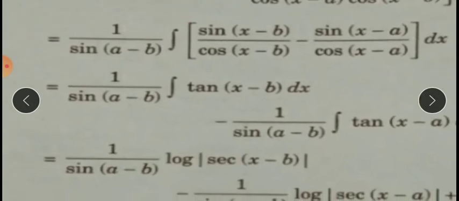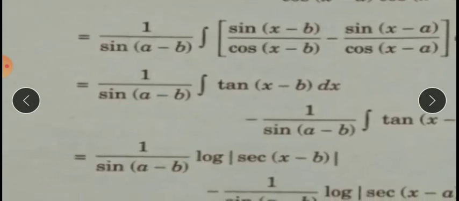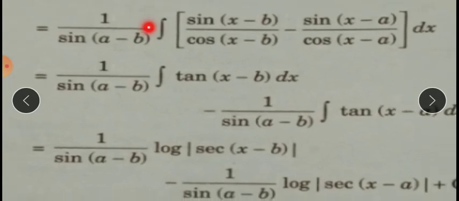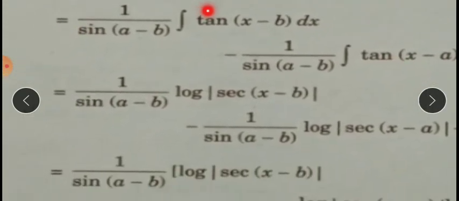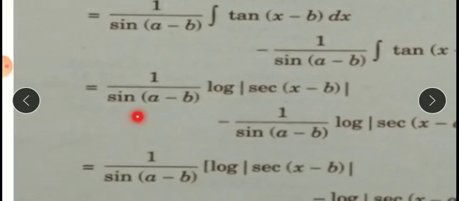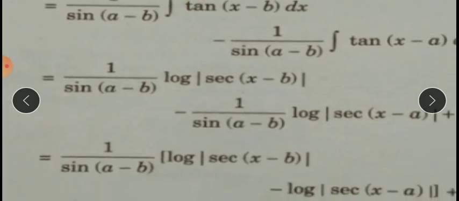Now this is equal to 1 upon sin(a minus b) integration of sin upon cos means tan(x minus b), minus 1 upon sin(a minus b) tan(x minus a). See, tan(x minus b), its integration, you know that this is log sec(x minus b).